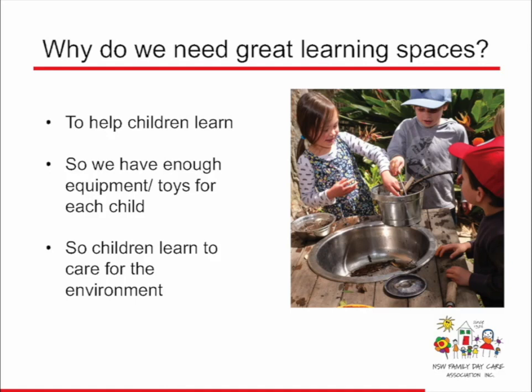The main things you need to do to create great learning spaces in family daycare are organise and set up indoor and outdoor spaces so that children are learning in both natural and built places. Have enough materials, so toys and equipment, so that every child can play, through play children learn, and show how you care for the environment, and this will help children to learn how to care for it themselves.